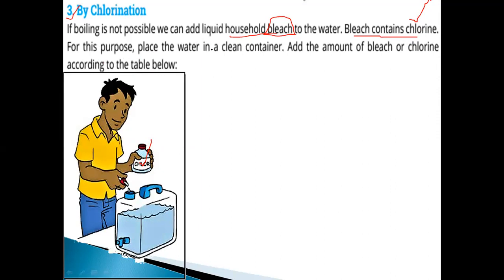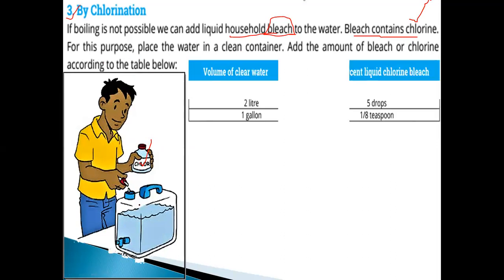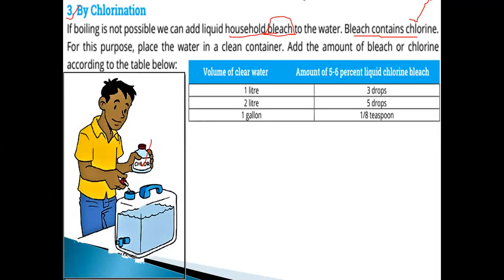So we add the amount of bleach or chlorine according to the given table, because just a few drops are needed for a certain quantity of water. Here we see the volume of clear water and the amount of 5 to 6% liquid chlorine bleach, which must be diluted, not concentrated, meaning chlorine must be in very small quantity.